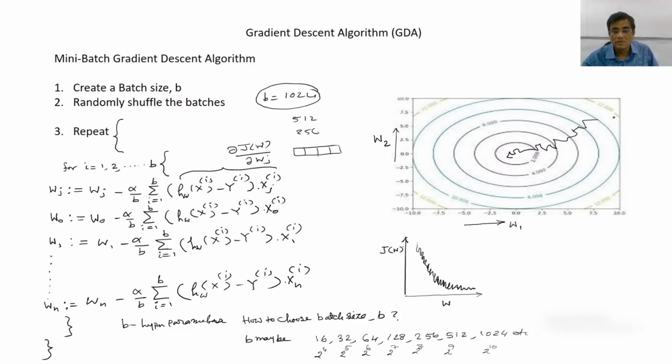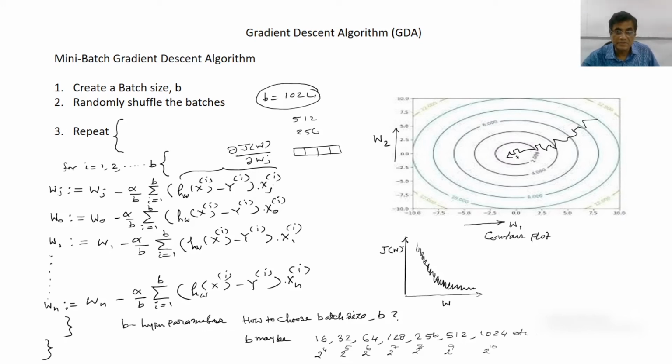I try to show here, this is a contour plot again, where you can see that it is converging much better than the stochastic gradient descent algorithm, but again it is very fast, because if the batch size is properly tuned and you vectorize it properly, it will really work very well, fast as well as precise.